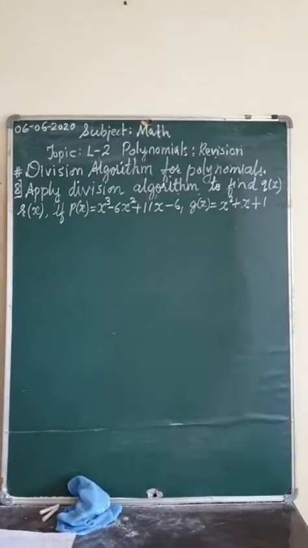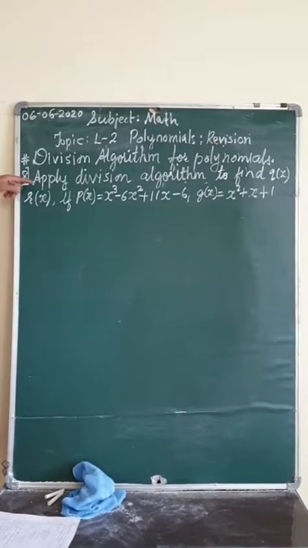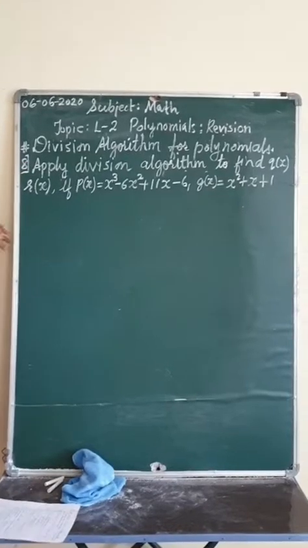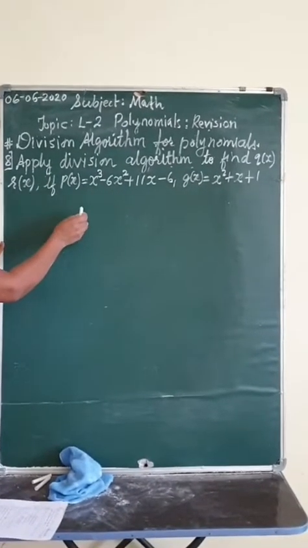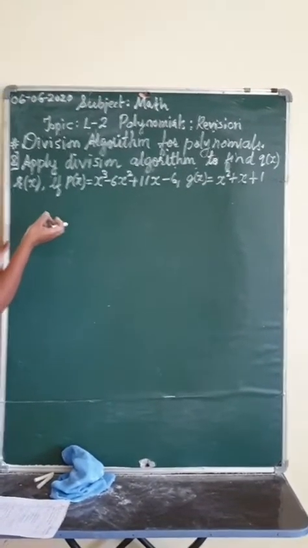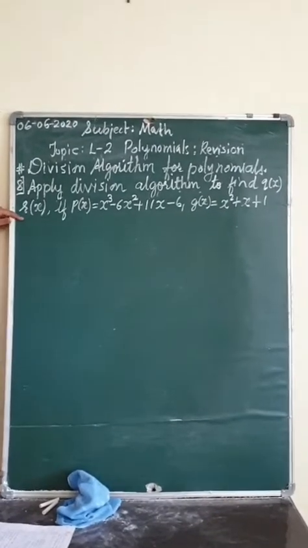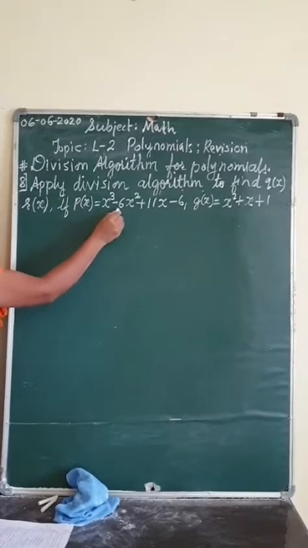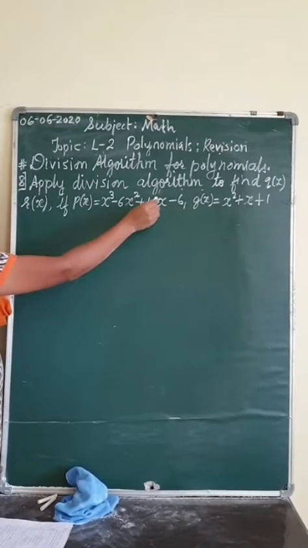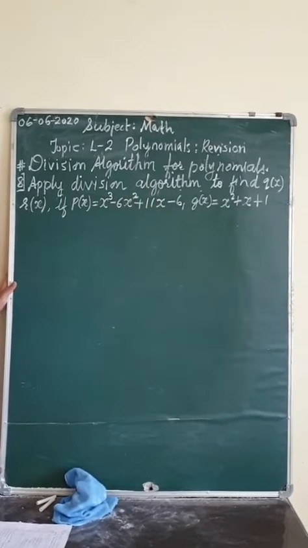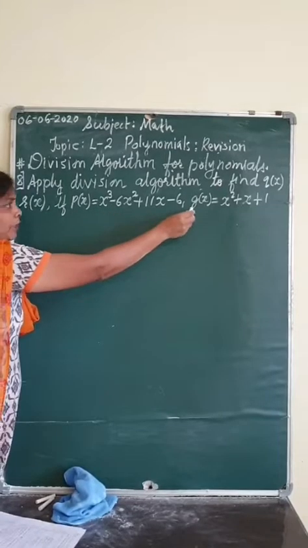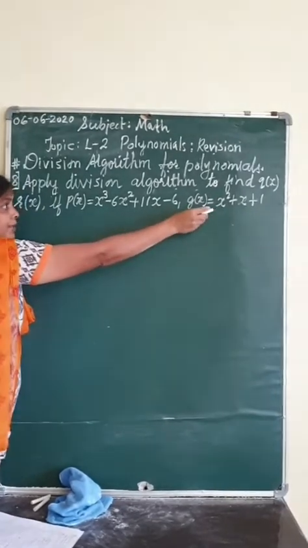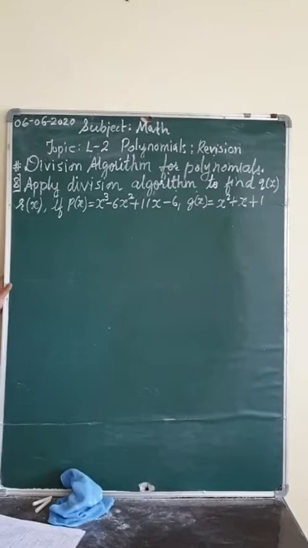Eighth example. This is a very straightforward example: apply the division algorithm to find q(x), that means the quotient polynomial, and the remainder polynomial. If a polynomial p(x) is given as x cube minus 6x squared plus 11x minus 6 and a divisor polynomial given as g(x) is equal to x squared plus x plus 1.